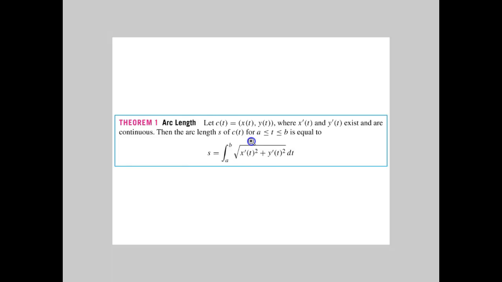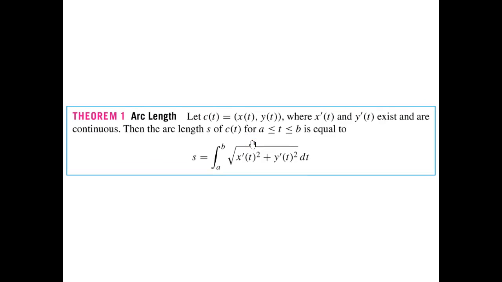And again, I don't like their notation here, but here is their theorem 1. The arc length: let C of t be your curve or your pathway as a function of t, whatever that is, okay?